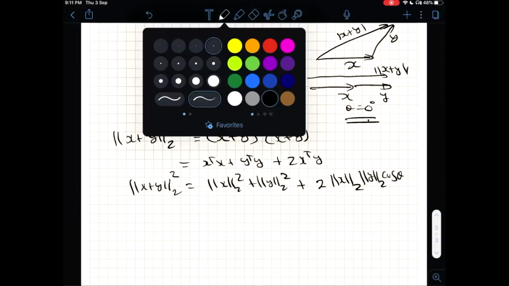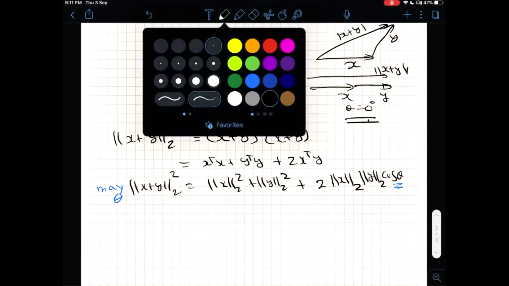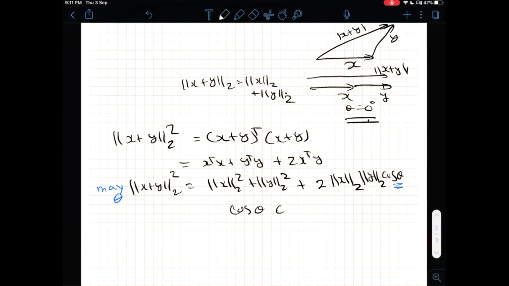Now if I am trying to maximize this, given that x and y have certain lengths, what is my variable here? The variable that I can change is basically theta. So the maximization is being done over theta, given that the x vector has some length, say 5, and the y vector has some length of 2, whatever, and you are trying to maximize it. Now you know that cos theta is bounded from -1 to +1.